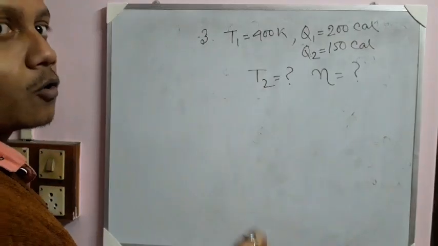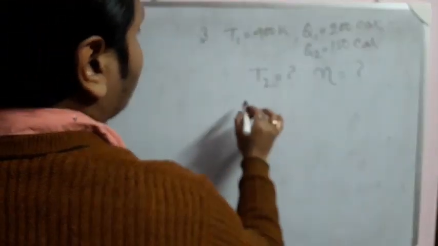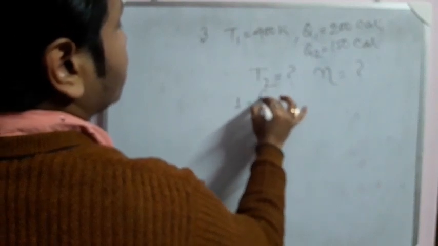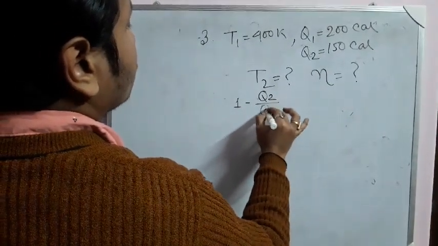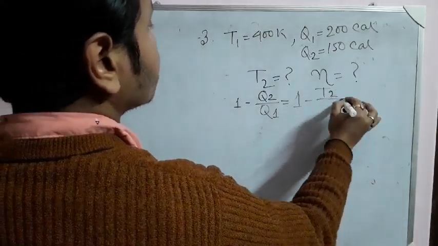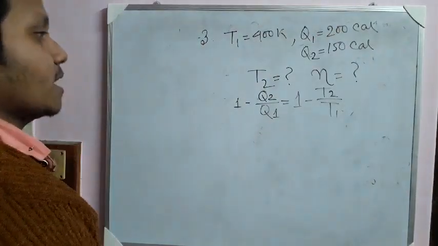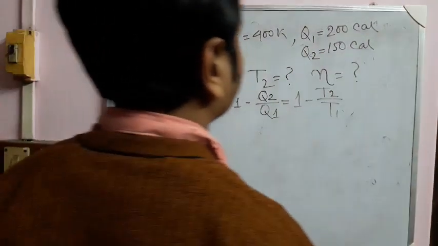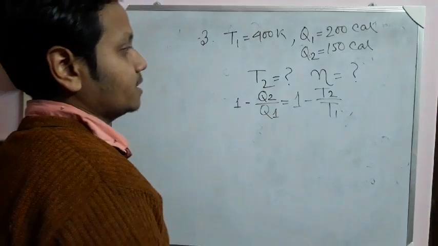What is the formula for a reversible Carnot engine? I already told you previously that for a reversible Carnot engine, 1 minus Q2 upon Q1 can be expressed in terms of 1 minus T2 by T1. I derived that in the Carnot cycle by considering PV relations for a perfect gas during adiabatic processes.